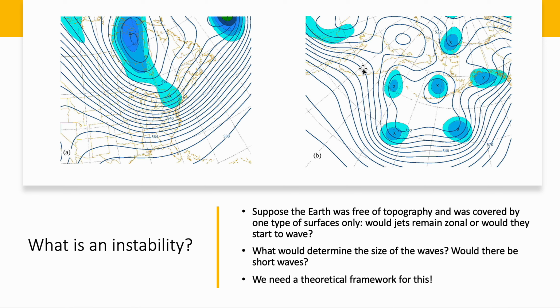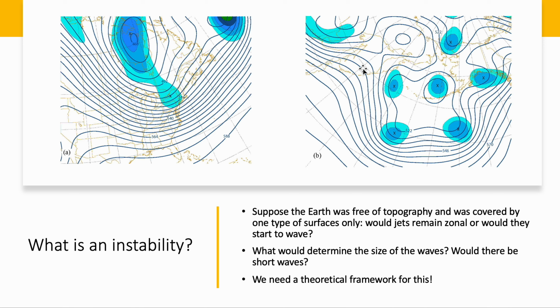And in order to get a conceptual understanding of what is going on, we want to simplify our lives as much as we can. This is something that is done often in math. Why make your life complicated if it can just be easy, right? And so for the time being, we're going to assume that the Earth is completely free of topography, and it only has one type of surface. Doesn't matter if it's an ocean or land, and what kind of land type, it doesn't matter. That is not going to play any role.